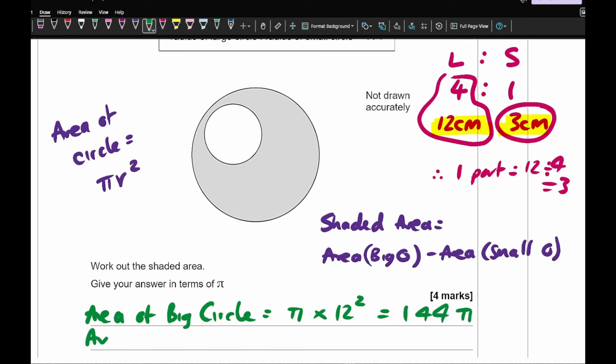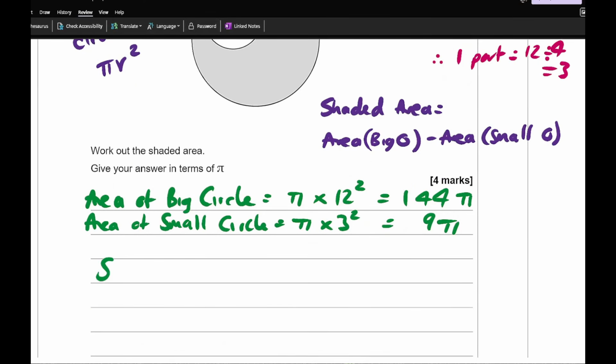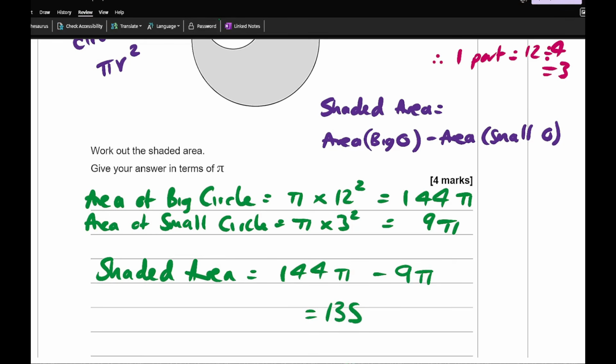The area of the small circle is going to be pi times 3 squared, which is 9 pi. And then all I need to do is subtract the 2. So the shaded area is 144 pi minus 9 pi, leaving me with 135 pi.